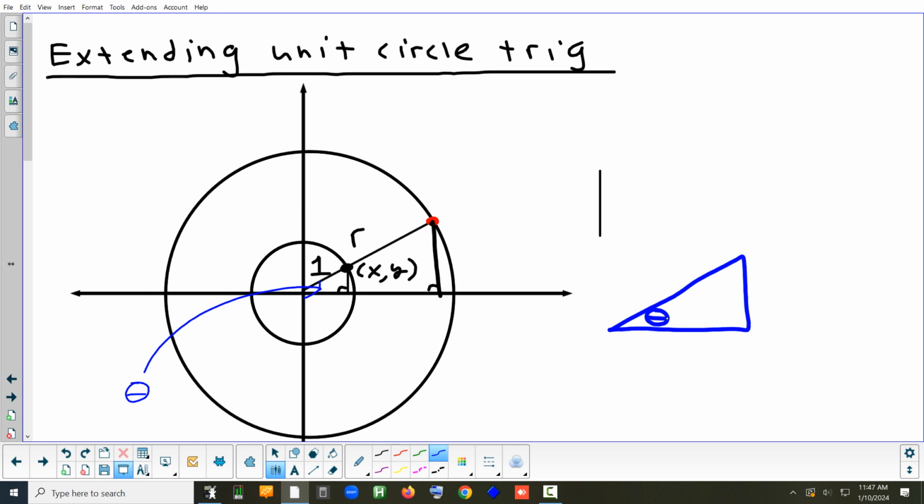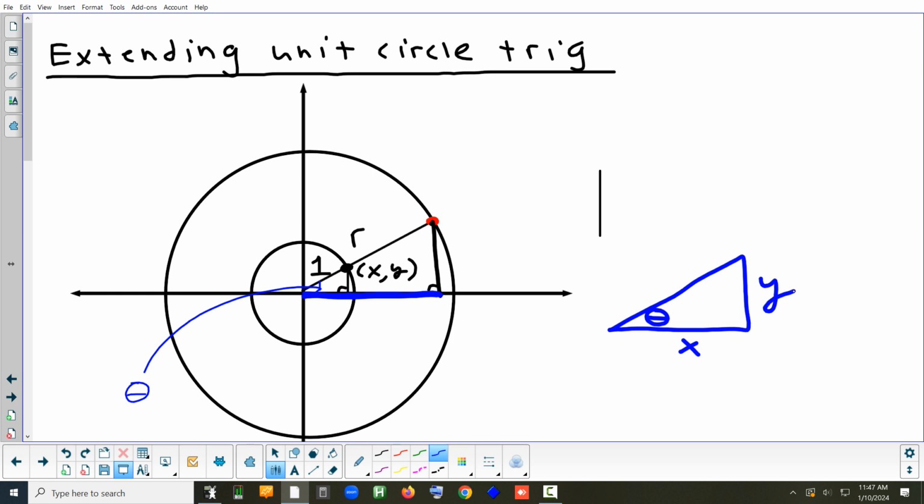What would be the letter we would normally use to describe horizontal distance? Yeah. Okay, that distance would be x. And what about what we would use to describe the vertical distance? We would use y.